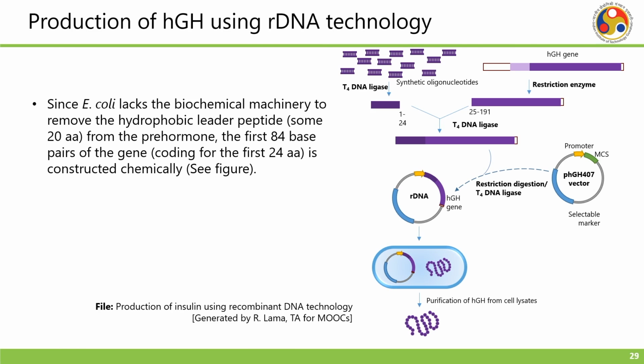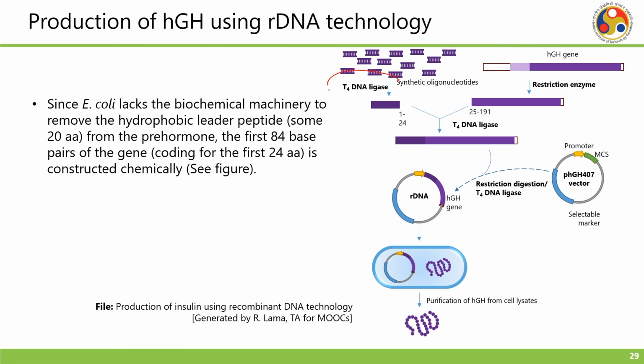So, here is the process for the production of human growth hormone using rDNA technology. E. coli lacks the biochemical machinery to remove hydrophobic leader peptides, which are some 20 amino acids from the pre-hormone. So, you have the human growth hormone gene, and we undergo restriction digestion, and these are the synthetic oligonucleotides.